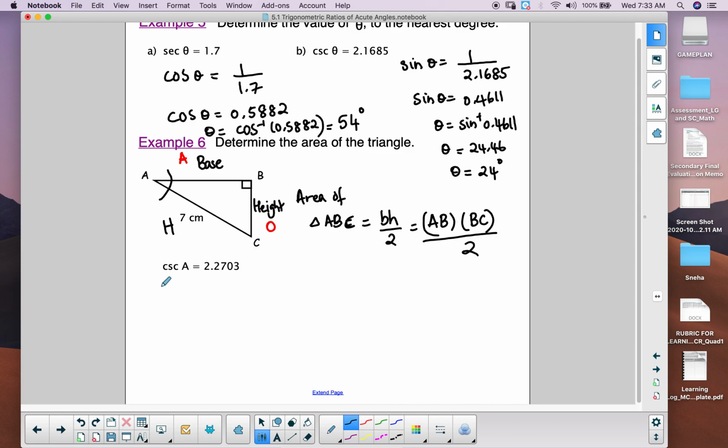If cosecant is this, that means sine of A is equal to 1 divided by 2.273.